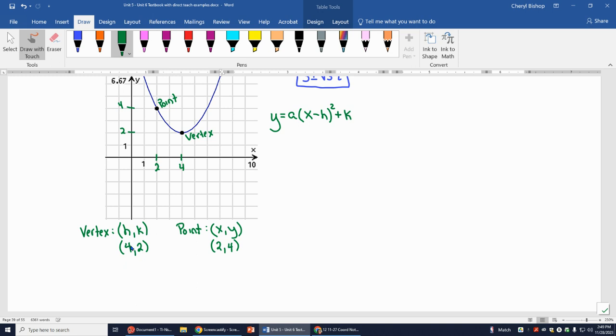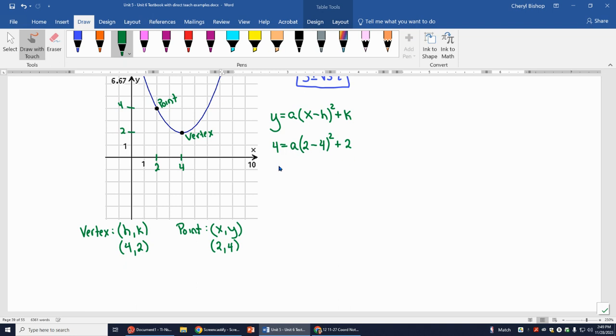And then I'm going to substitute in the h, the k, the x, and the y so that I can find this a value. So y is 4 equals a, I have no idea. x is 2 minus h, which is 4, close parentheses squared, plus k, which is 2.